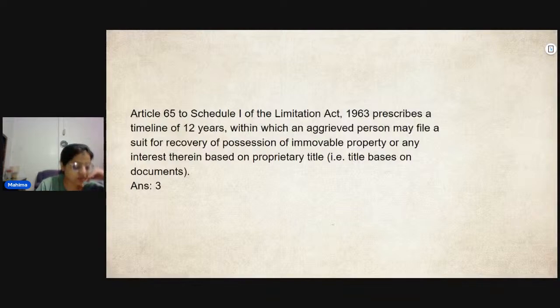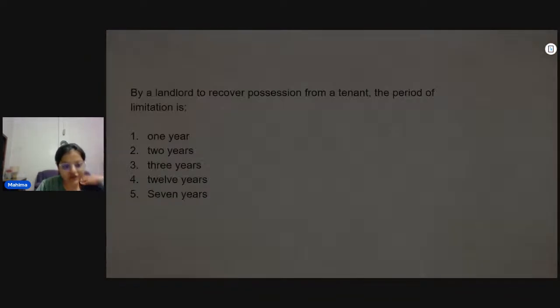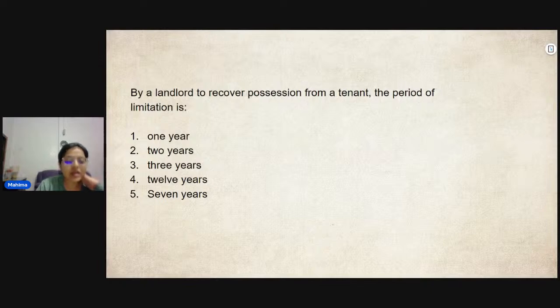It is option number three, 12 years. The question was repeated. Article 65 is the correct article here. By a landlord to recover possession from the tenant, the period of limitation is 1 year, 2 years, 3 years, 12 years, or 7 years. Recover possession from a tenant.